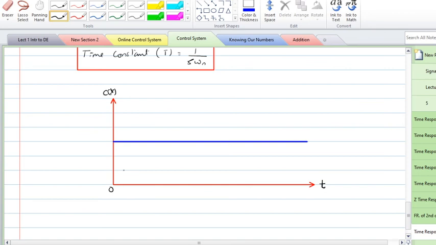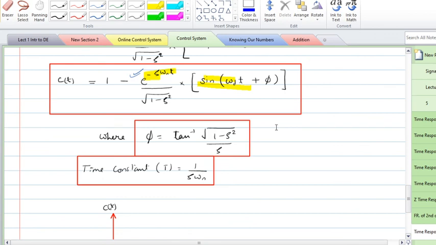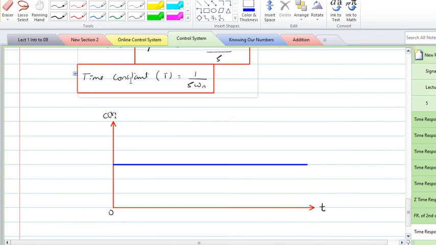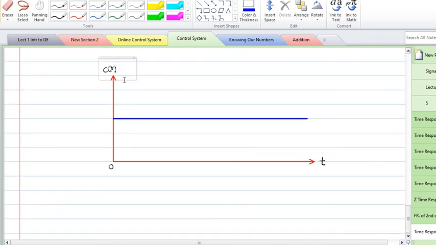Then as the output, this output consists of a sine function with exponentially decaying amplitude, and this is to be subtracted from 1, so it should start from 0 here, like this.